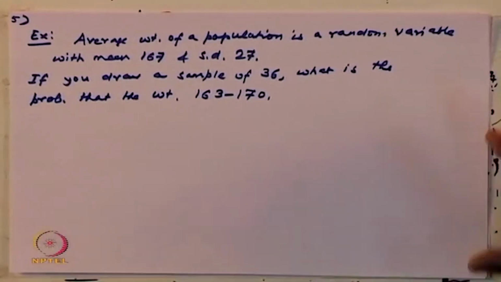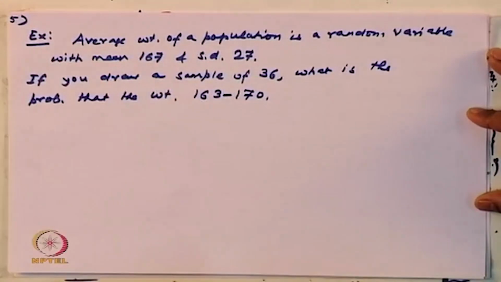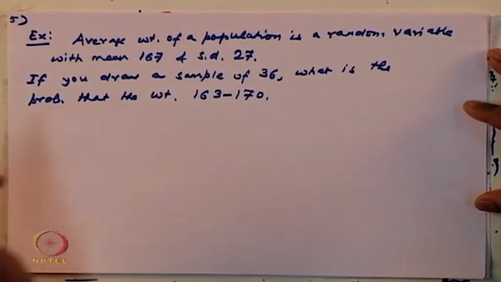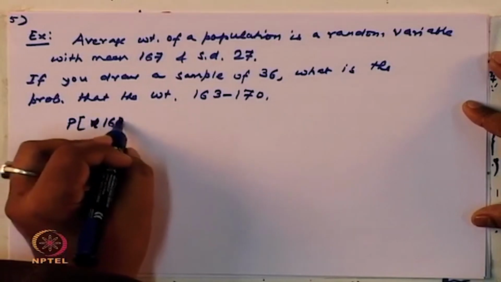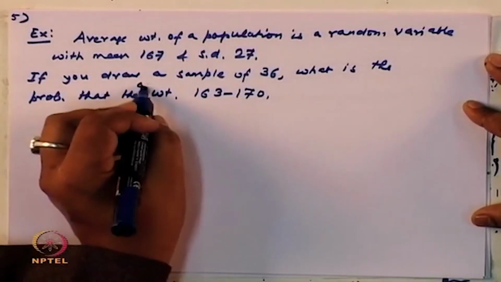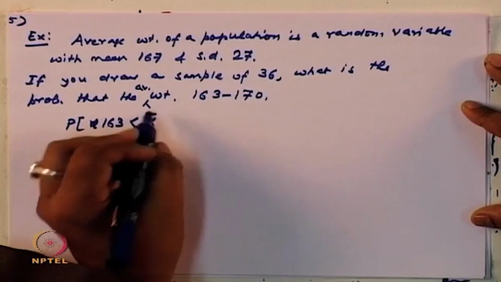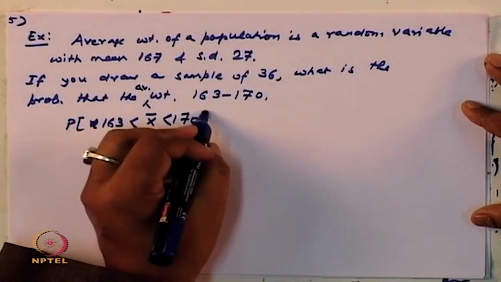So, we want to calculate the probability that 163 is less than x bar, less than 170.